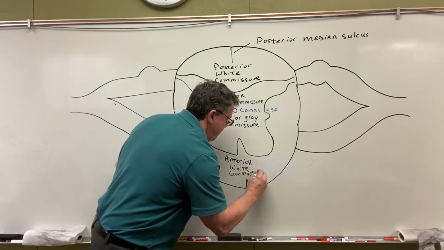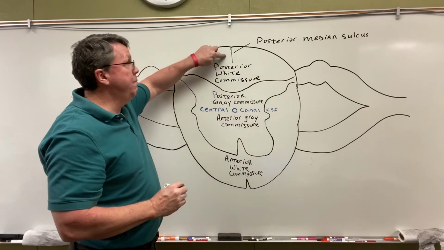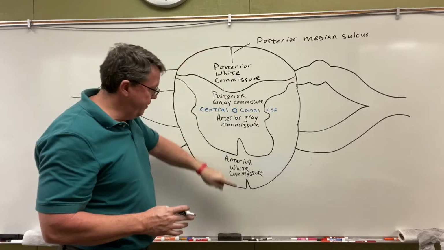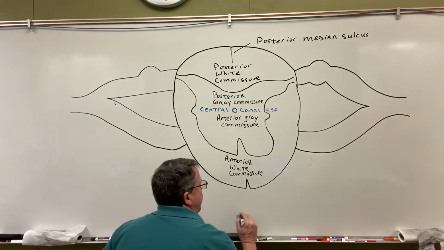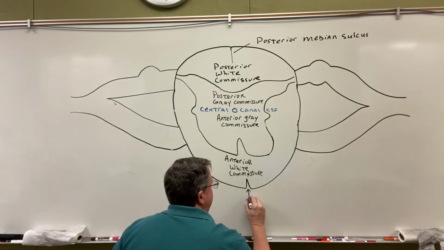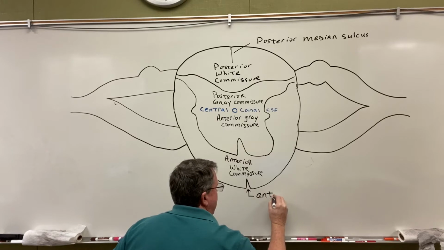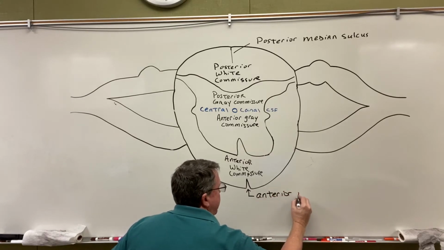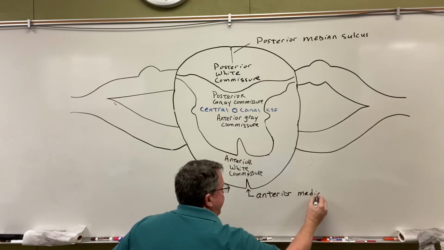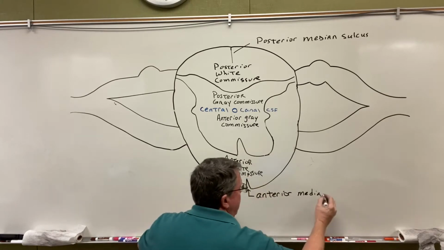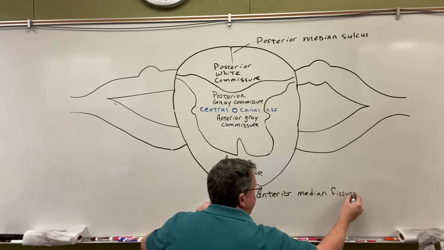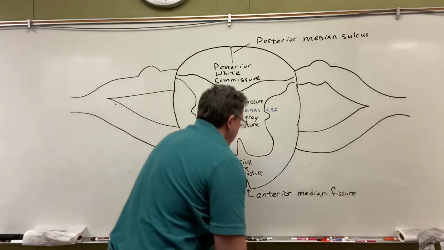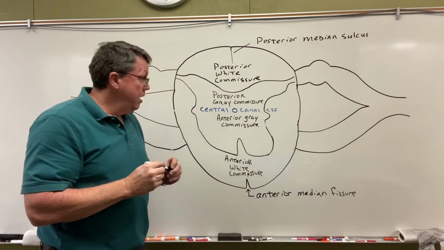All right? And then I had a posterior median sulcus, but if you notice, this is kind of open a little bit. This is my anterior median fissure. Because it doesn't come all the way together, we call it the anterior median fissure. And so that's the part that's right here.